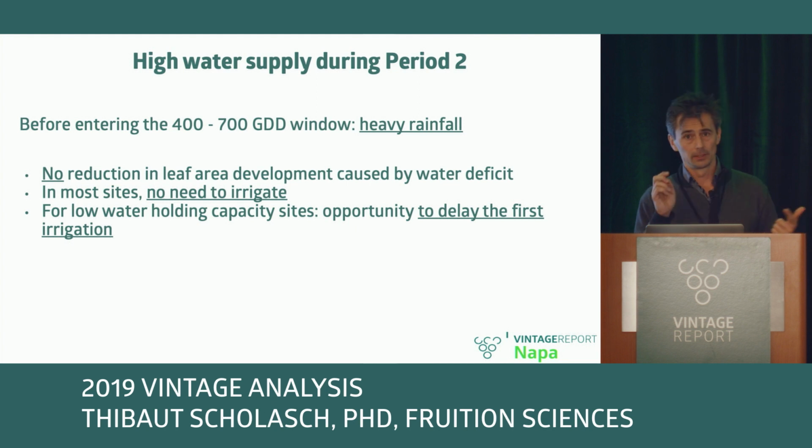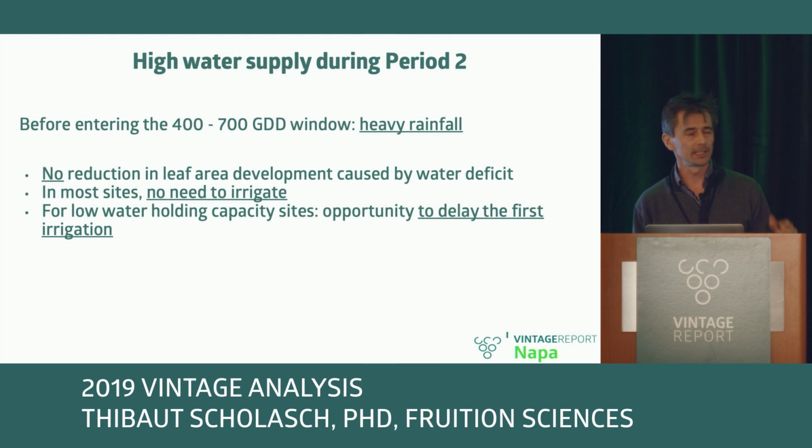This means that in most sites there was no need to irrigate, and maybe you could have factored in the heavy rainfall on high vigor sites as a reason to postpone cover crop removal. The good news is that for low water holding capacity sites, you have an opportunity to delay the first irrigation. And the first irrigation is what commands the duration of period 3.